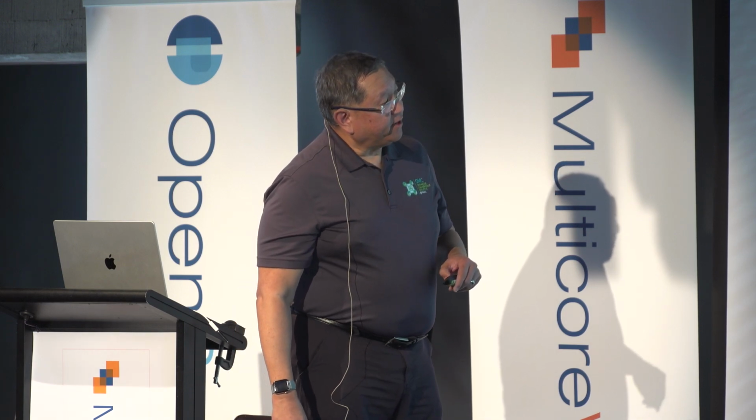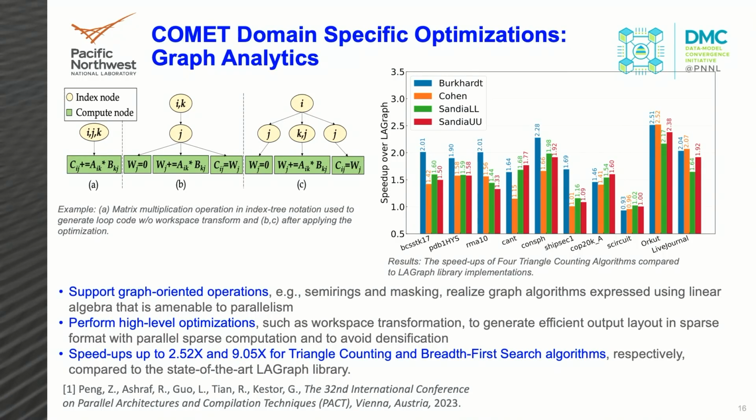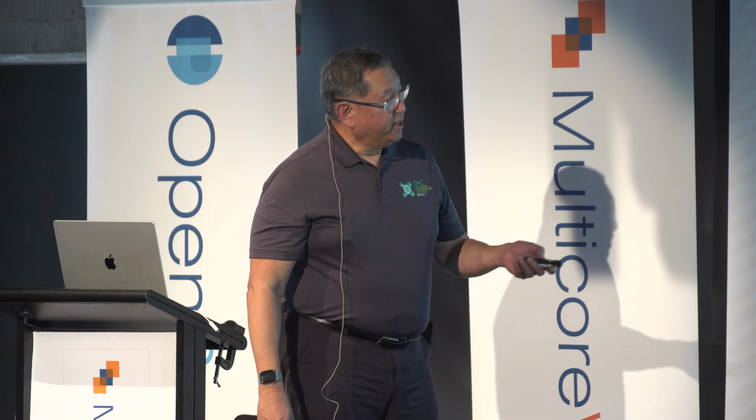The same can be said for our work on graph analytics, where we can look at decomposing the problem and applying different optimizations for the data movement associated with these graph analytics applications.